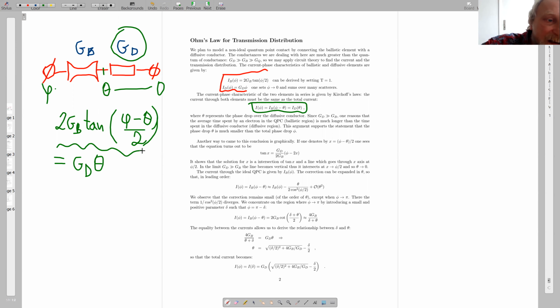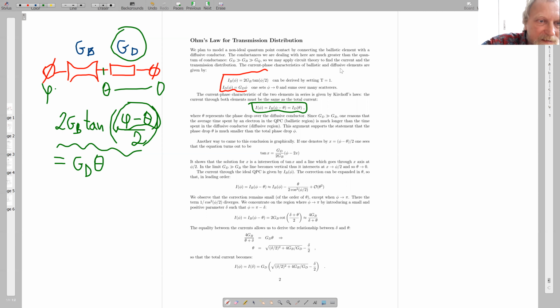But as we see, it diverges if this parameter is close to pi. So we understand that if phi is closer to pi, we get a problem with this approximation.